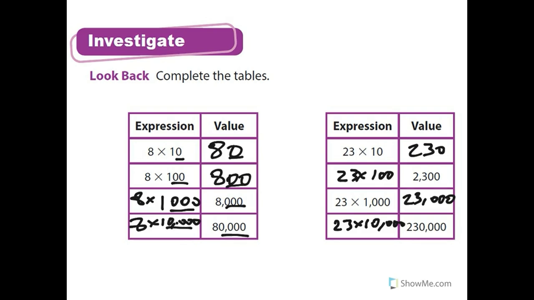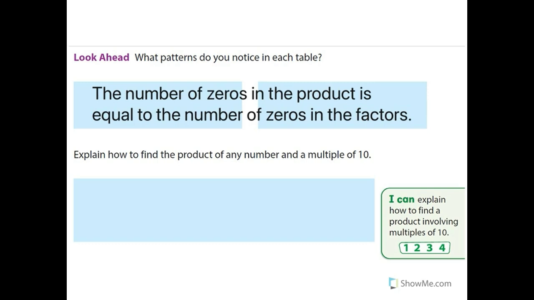Now, if it was 80 times 10, it would be 2 zeros as well. See? 1 zero, 2 zeros, 2 zeros.